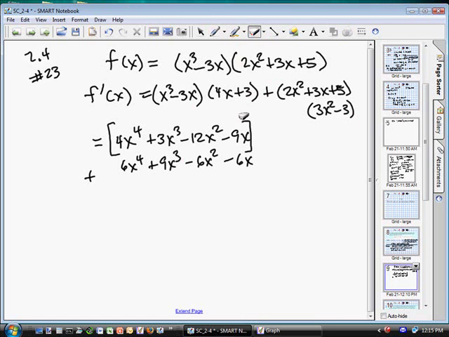I gotta go back. 2x squared times 3x squared is 6x to the fourth. That's correct. 2x squared times minus 3 is minus 6x squared. 3x times 3x is 9x cubed, like I have. 3x times negative 3 is negative 9x.